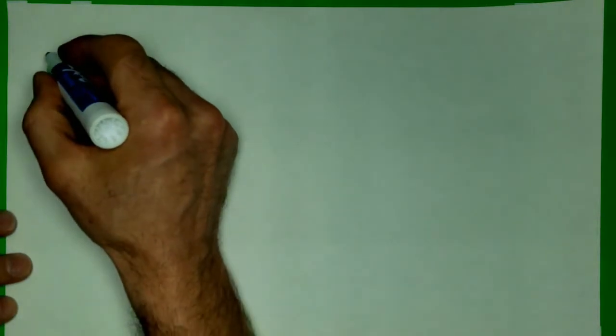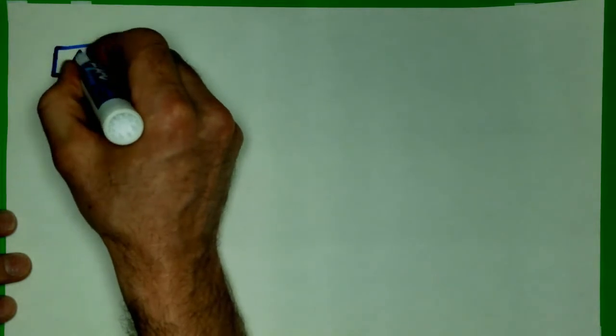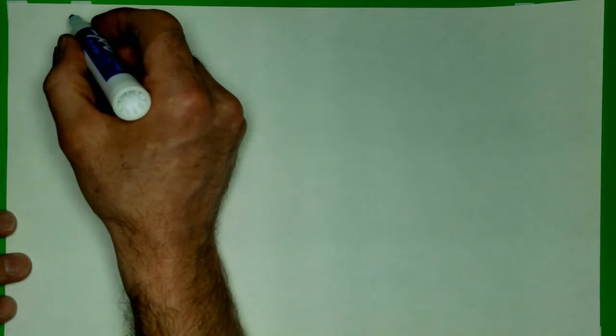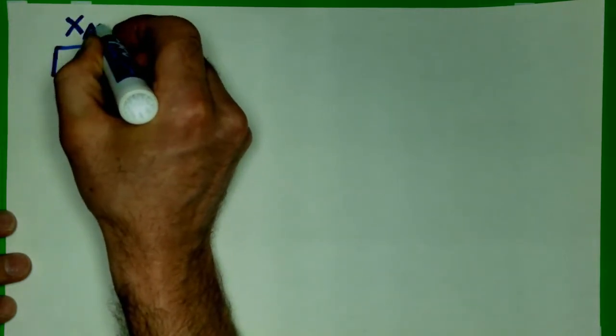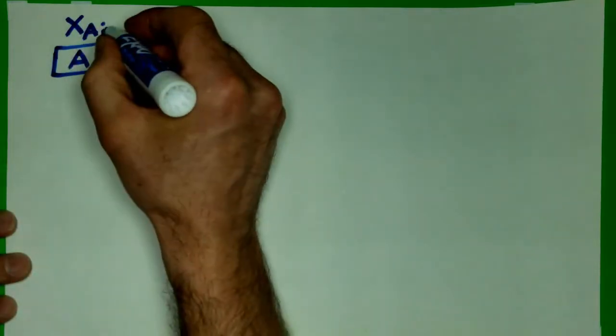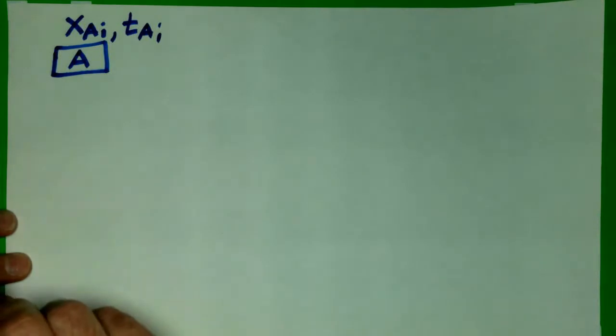So to set up this problem, let's draw positions, times, velocities, and then we can start to solve. Okay, so first, let's establish positions. Here is your car. We'll label it A. You leave Los Angeles with an initial position of X_A initial, and you leave at an initial time, T_A initial.